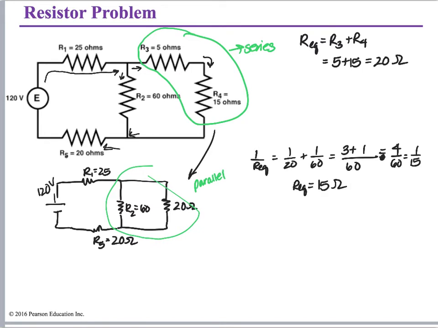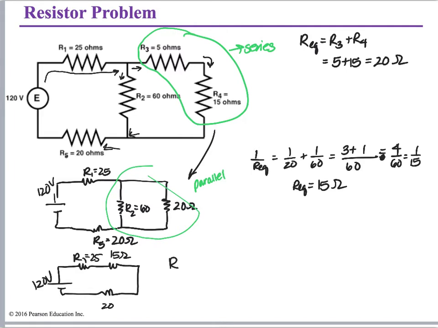All right, so that means we can rewrite this. This is 120 volts. This is R1. This is now 15 ohms. And this one is 20.